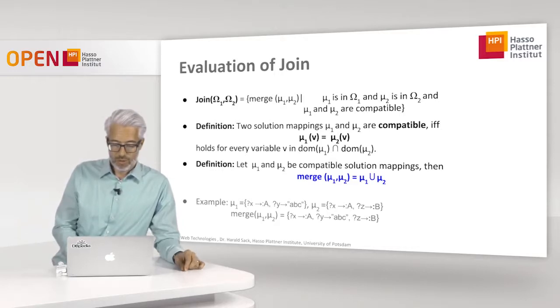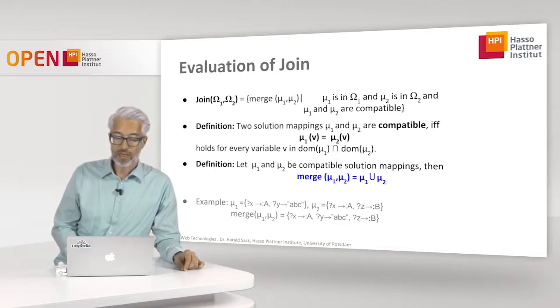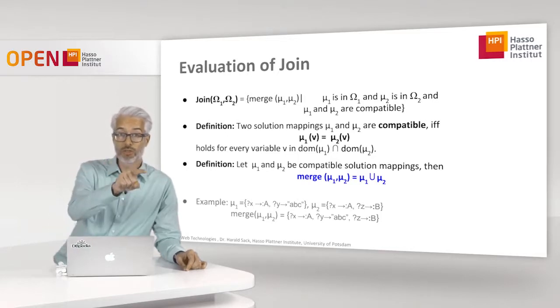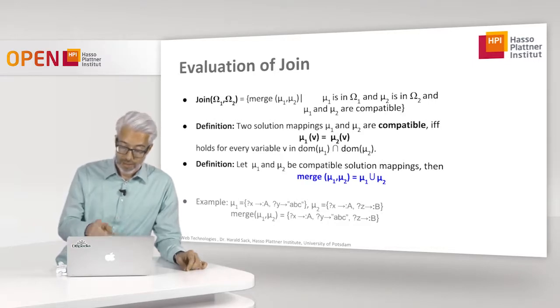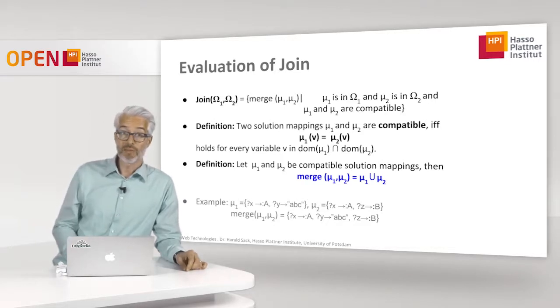So in the end, I do a merge of the two mappings, which are compatible here. I simply build the union of mu sub 1 and mu sub 2. And this results in the merge of mu sub 1 and mu sub 2, which is nothing else than variable x mapped to a.